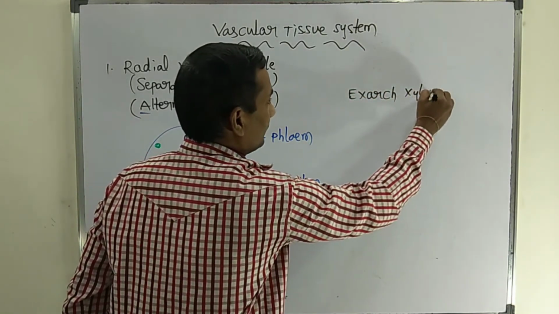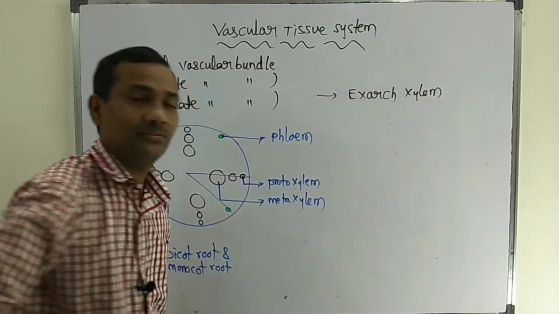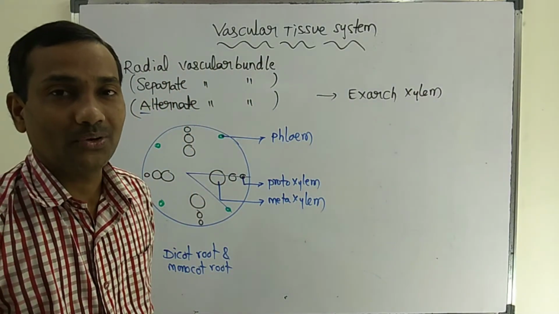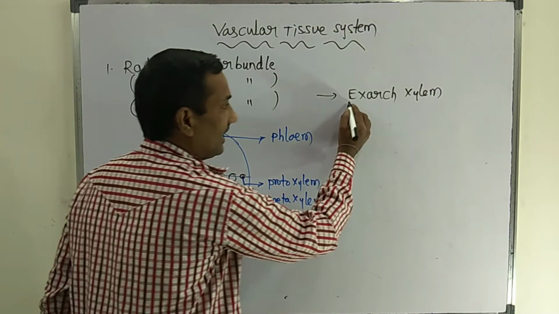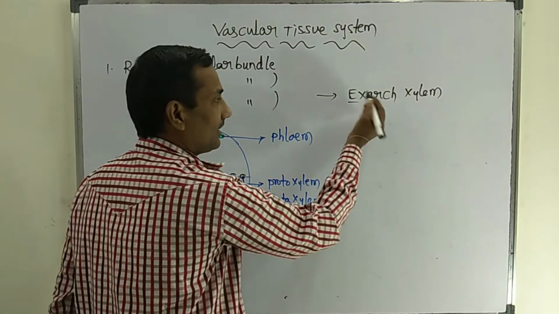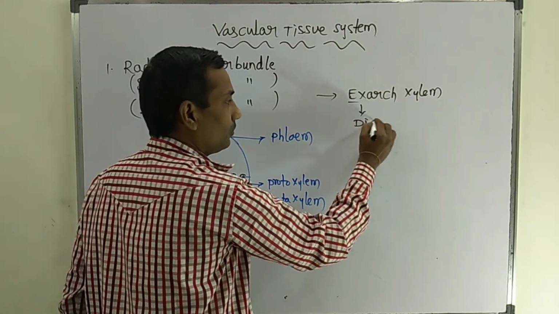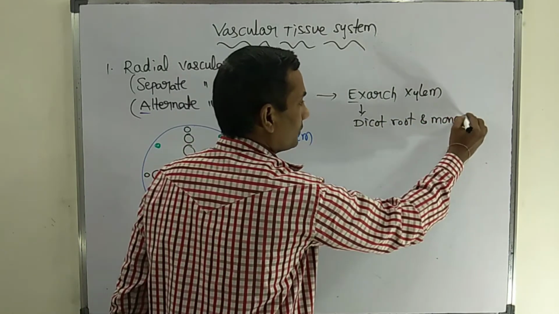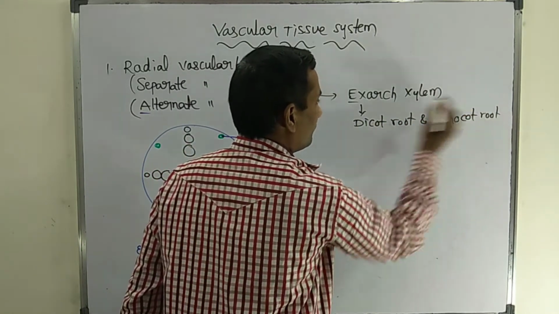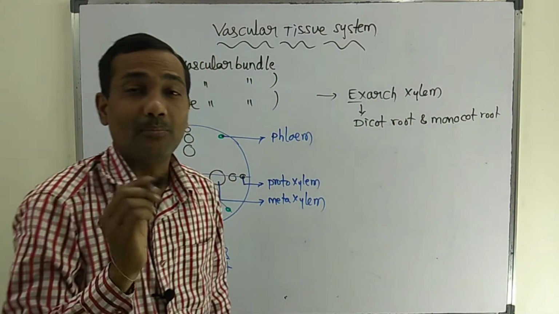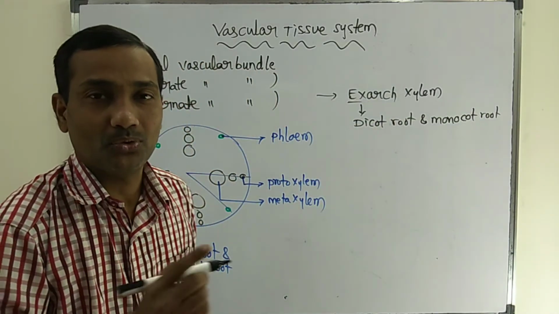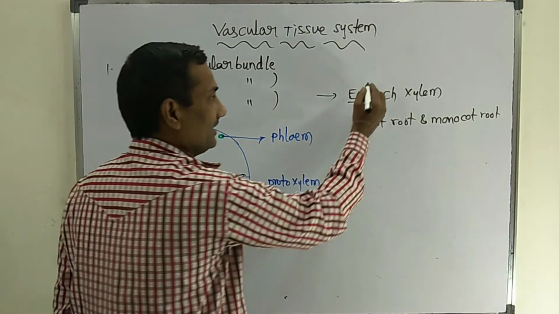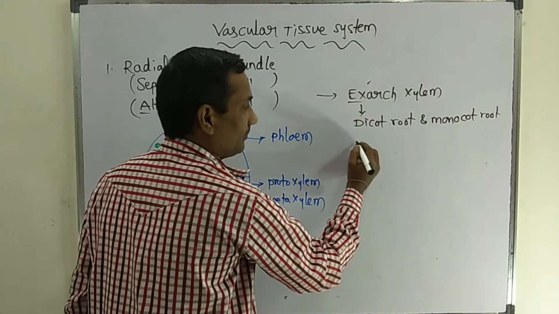Exarch xylem is a characteristic feature of dicot and monocot root, based on the location of protoxylem.